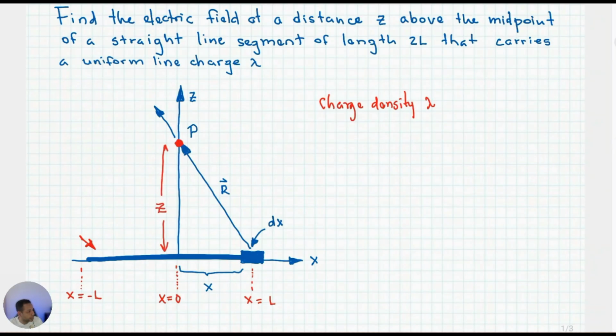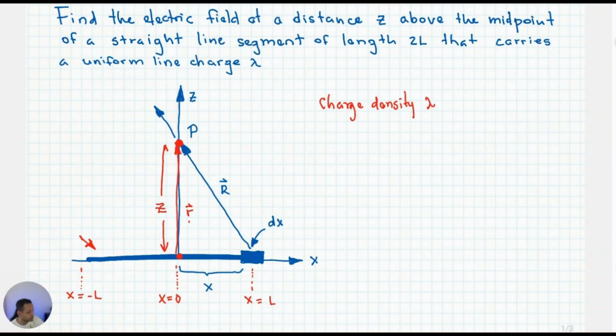The observation point is on the z-axis, so we will call the position vector from the center of the bar to the point P, r.